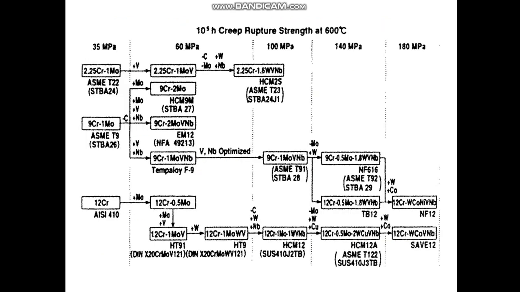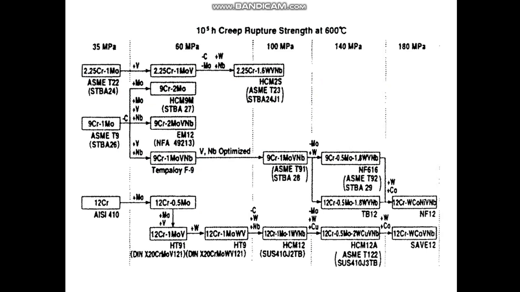Now in this slide we are going to see the development of various alloys, particularly in terms of 10 raised to 5 hours creep rupture strength at 600 degrees Celsius. The alloys exhibit different strength levels, starting from 35 megapascal, like the earlier 2.25 chrome 1 moly steel, 9 chrome 1 moly, and 12 chromium.